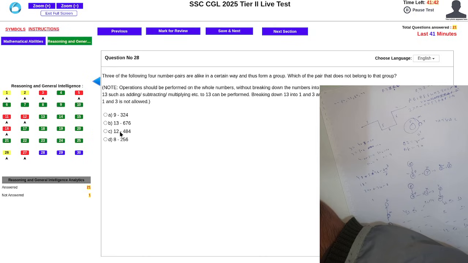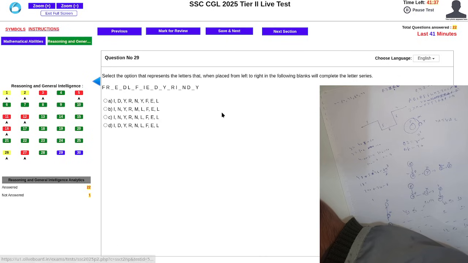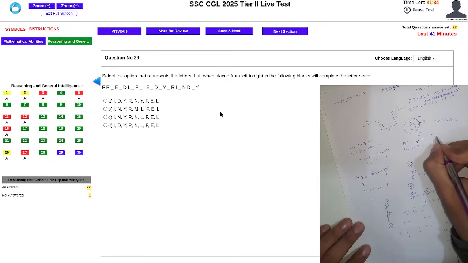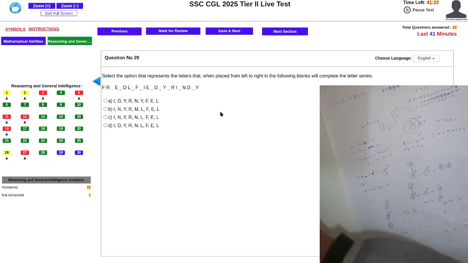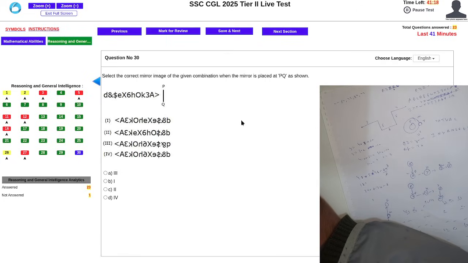Do like a square. R I E L D N Y I N Y F R I N D N Y F R I E N D N Y I N Y R N L I N Y R N L. Mirror image P Q. This A will come, 3 okay, A okay, O will come, H okay. After H, 6 E will come, X E okay, dollar okay, 8 4.